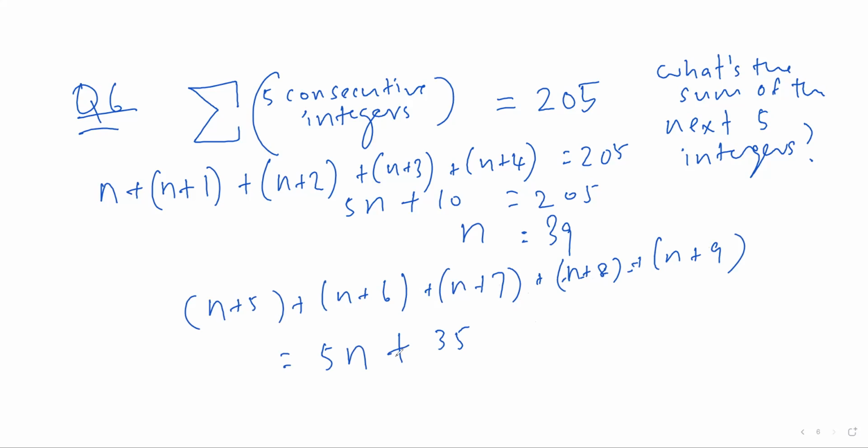That's the sum of the next 5 integers. So n is 39, 5 times 39 plus 35. So that would be 195 plus 35. So that's 230.